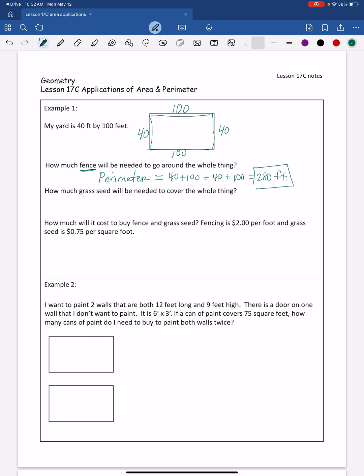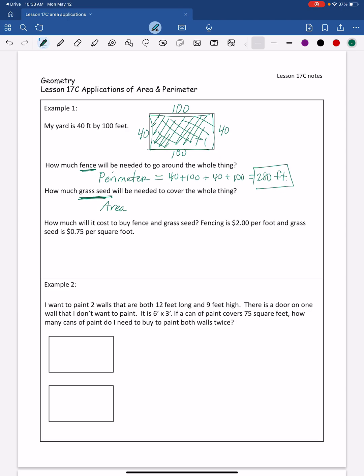The other part is how much area. Grass seed, sod, tiles, flooring, carpet, those are all indicators of area. Area is going to see how much is going to be covered up on my shape.